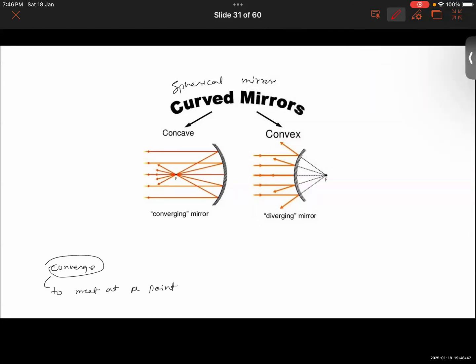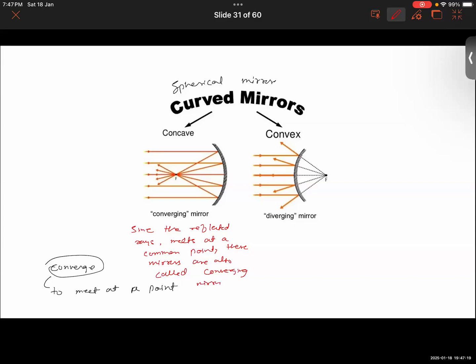So since the reflected rays meet at a common point, these mirrors are also called converging mirrors. Got it, both of you?